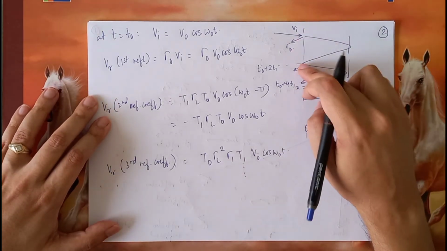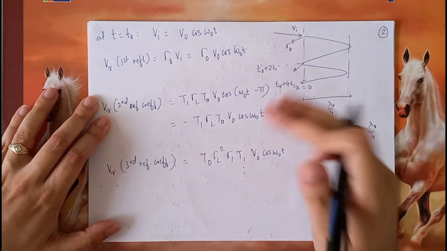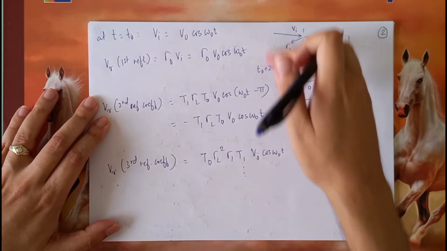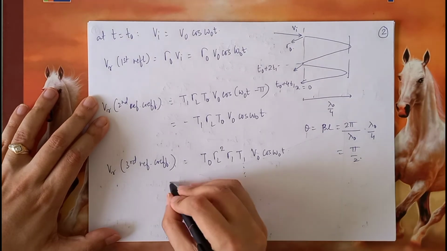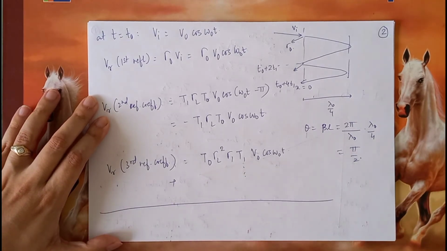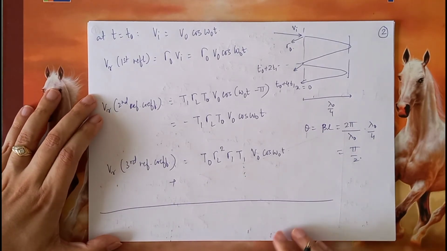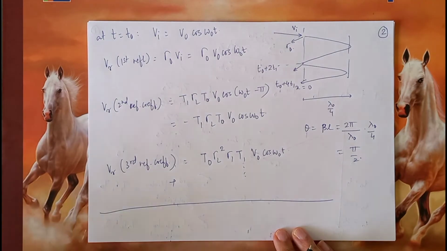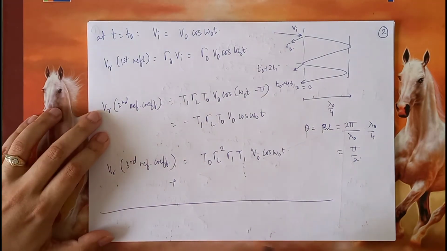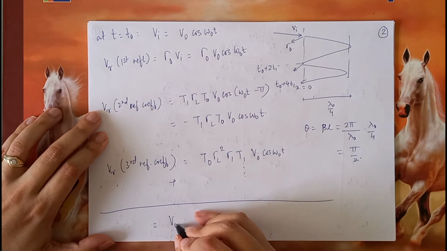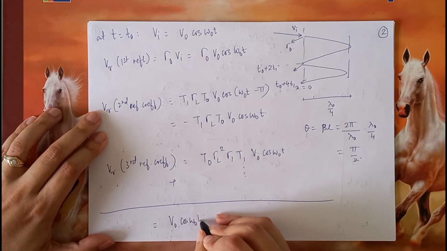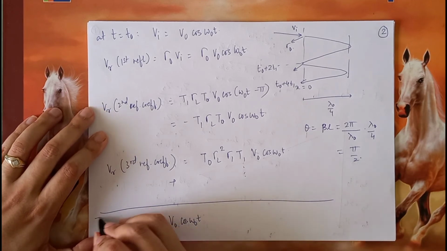So as you know, the reflected wave that is seen by the left side looking into this junction is the superposition of all of these reflected waves. So what would that be? Let's take V0 cos omega 0 t as common.